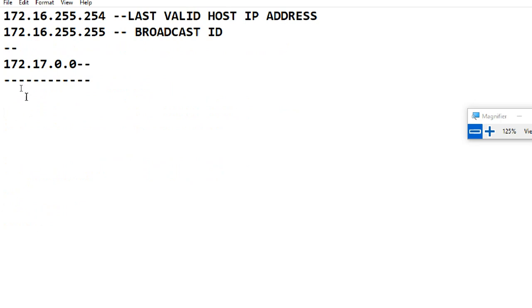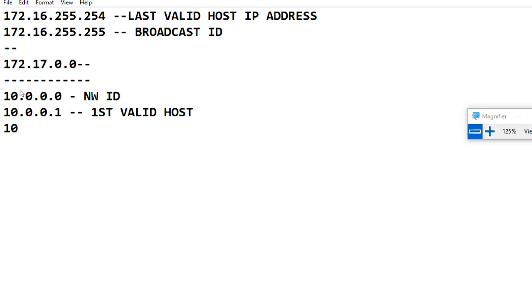We can go through class A also. For example, 10.0.0.0 is a network ID. 10.0.0.1 is the first valid host. 10.0.0.2 is the second host.